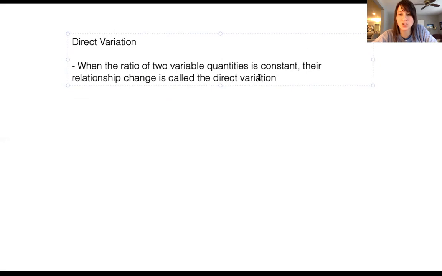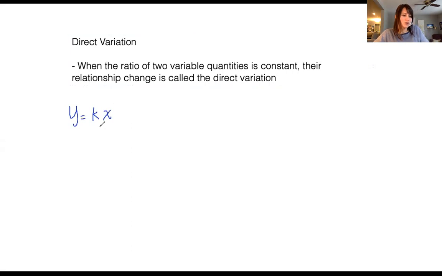A variation kind of means change, so a direct, straightforward change. So an equation that we use to show direct variation is by saying y equals k times x, okay?